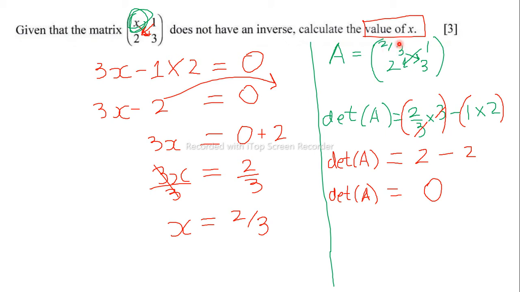If we choose any number other than 2 over 3 for x, it would not make this determinant 0. Okay? So x has to be 2 over 3. Familiar, unfamiliar? Unfamiliar. All right.